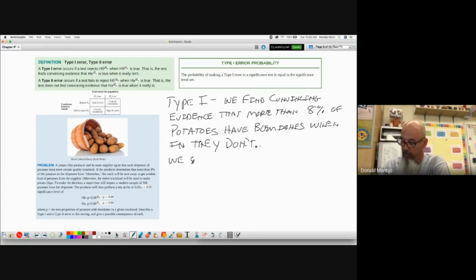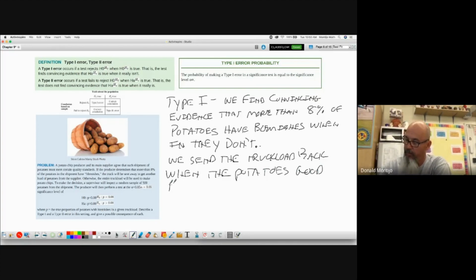We send the truckload back when the potatoes were actually good enough. So we wasted time.